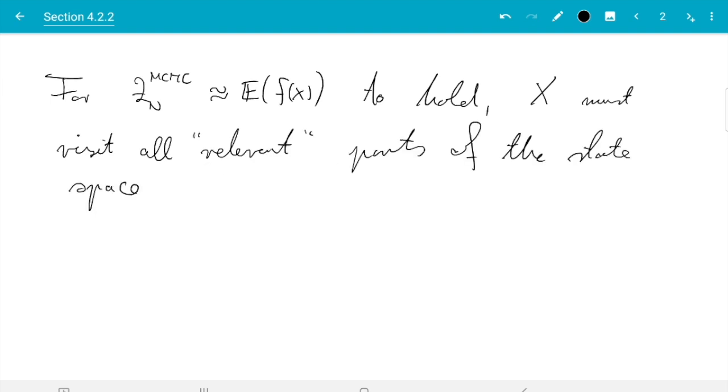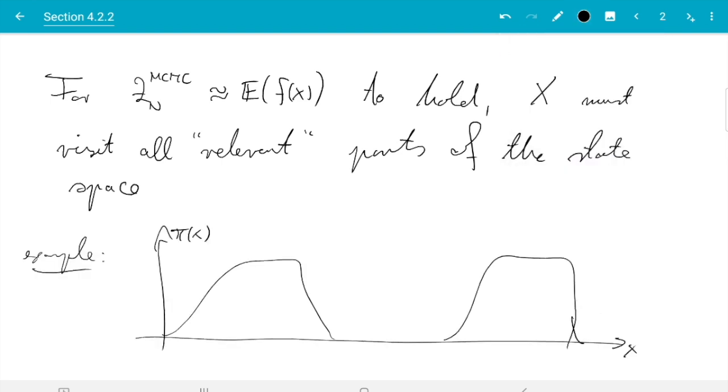What I mean by this is, let me come back to an example from earlier. If this is pi, similar to what we had before, then you see pi has mass here and has mass here. We have seen earlier that if we do random walk Metropolis, we need to be a bit careful with the choice of sigma, the variance of the increment.